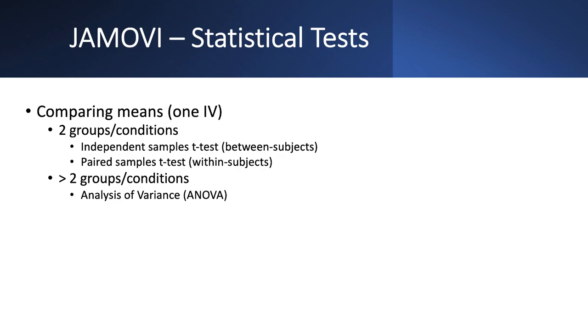So that basically means that the groups are mutually exclusive, so you can't be in more than one group at the same time, which is why it's between instead of within. So the paired samples t-test is what we would use if we were doing this with a within subjects design. So if we were looking at how someone scored on a pre-test versus a post-test, where we're comparing the person's scores to the same person's scores later on.